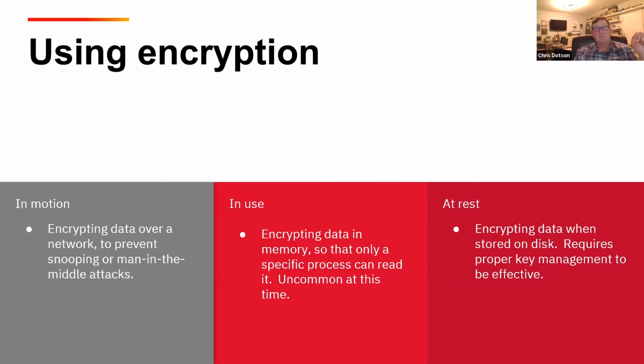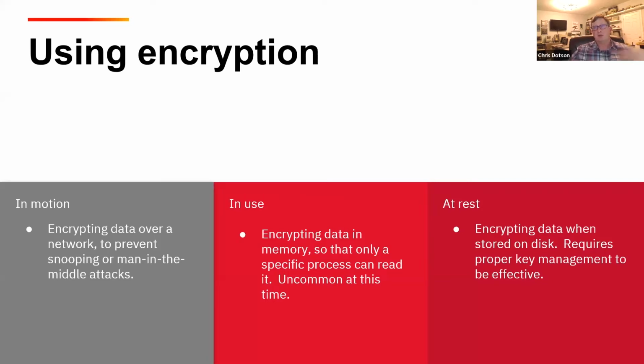Encryption in use is where the data is encrypted while the computer is using it, actually in memory, and then it can only be used by one process. This is still relatively new. IBM mainframes have had something like this for many years, but Intel has an enclave, AMD has an enclave. It's built into the firmware of the chip. It can be a good control to guard against some kinds of attacks where the attacker gets administrative access to the system, but doesn't have access to the particular process that's using the encrypted memory.